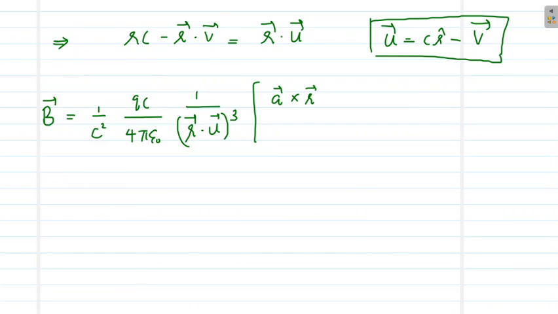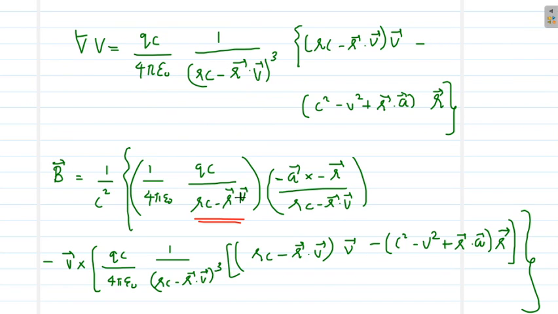In the denominator, in the first term we had only (r bar dot u bar) the whole square, but we had taken (r bar dot u bar) the whole cube as common. So we should have multiplied both the denominator and the numerator with an additional r bar dot u bar in this term itself.